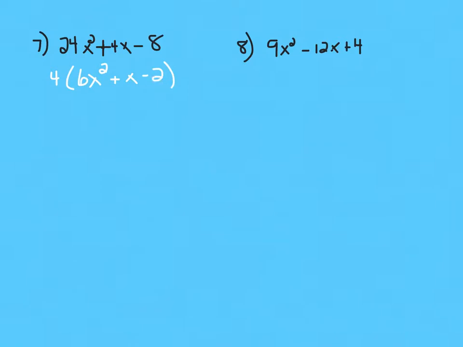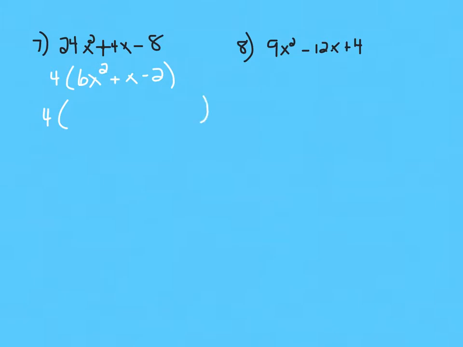Okay, so now I want to look within my parentheses and say, can I factor this further? Now this is a trinomial, and the leading coefficient is something other than 1, so I'm not going to just set up 2 sets of parentheses. What I'm going to do is I'm going to have to do the rainbow. All right, so let me first take this 4 in front and just bring it down. I'm just going to make a big parenthesis here.